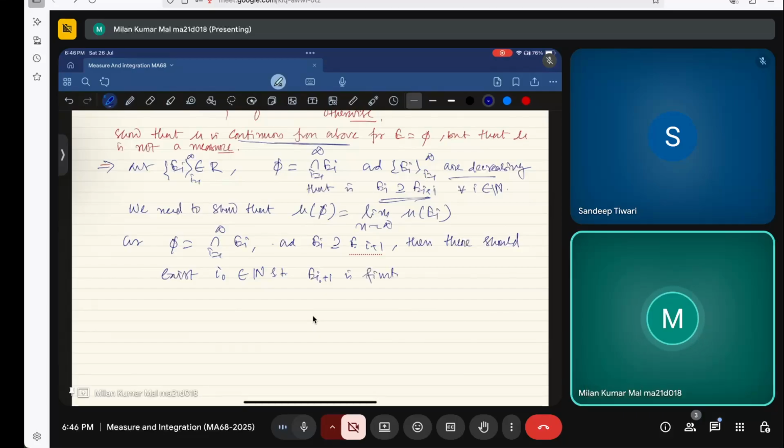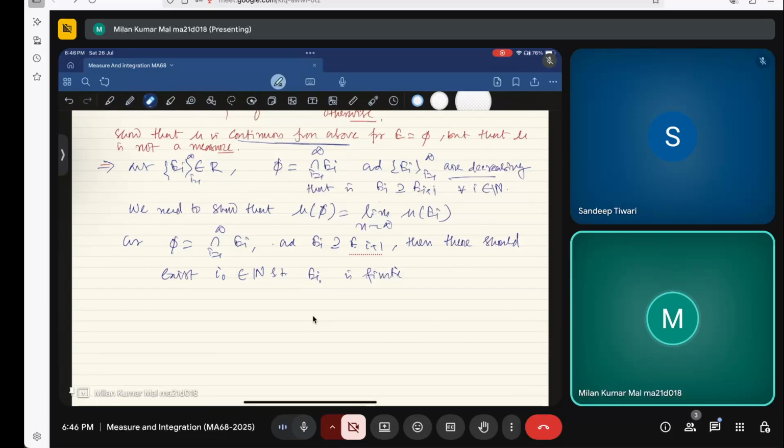Why does that have to be? Because, for example, assume that none of them are finite. Then, as one is contained in the other, their intersection will not be empty. There will always be a common element, right?